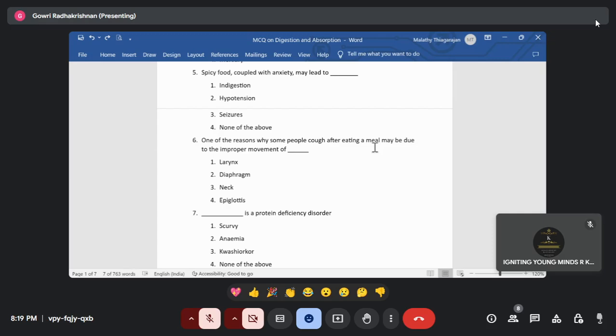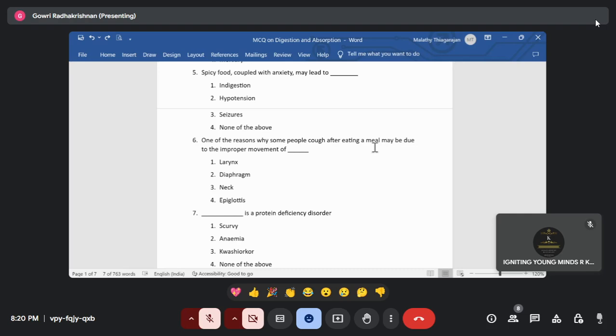When you are anxious, intense, restless, in a bad mood, very sad or very happy, if you're not in a normal state of mind and you take spicy food also, it becomes very difficult for the system to digest, because of the hormonal imbalance.